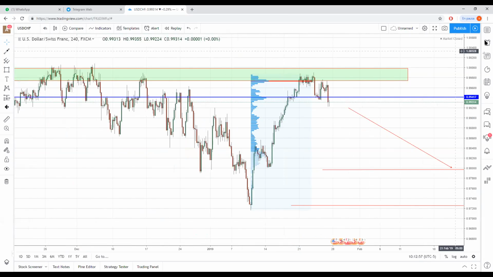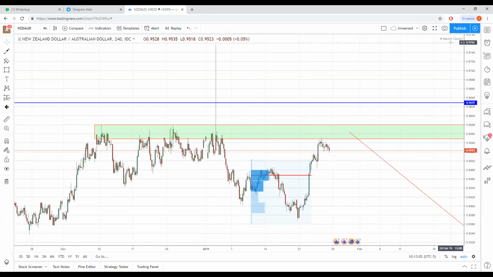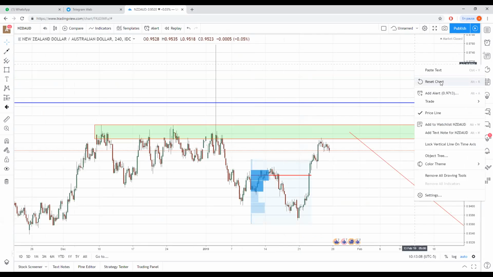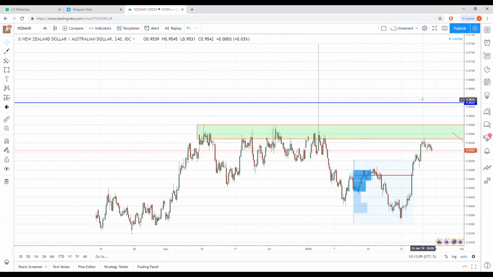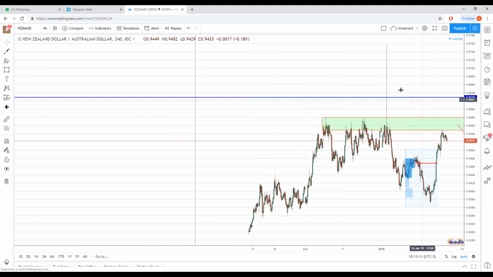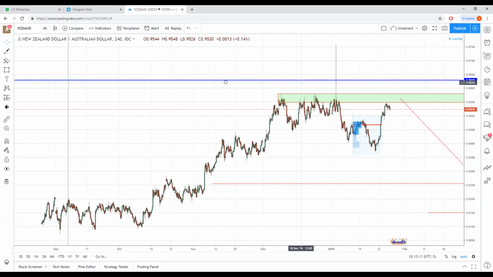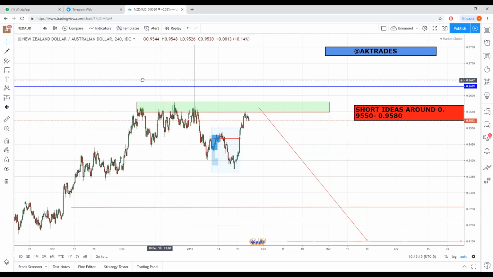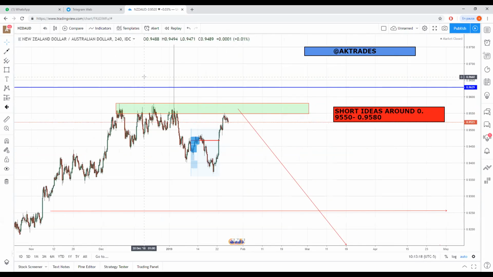Now let's see the New Zealand dollar, Australian dollar. For this pair, we are also seeing a short trade.